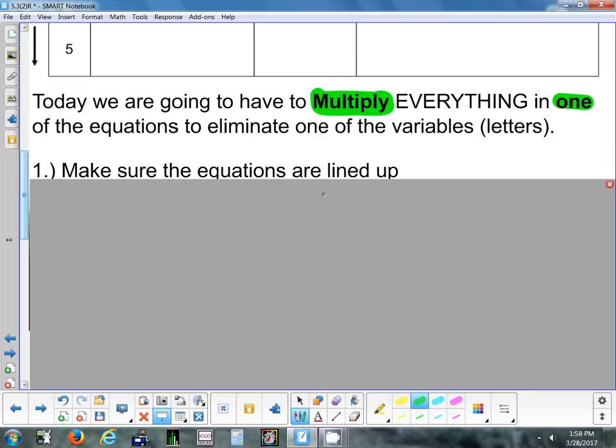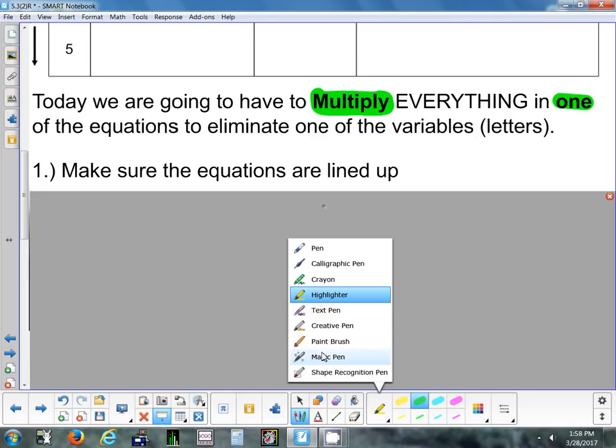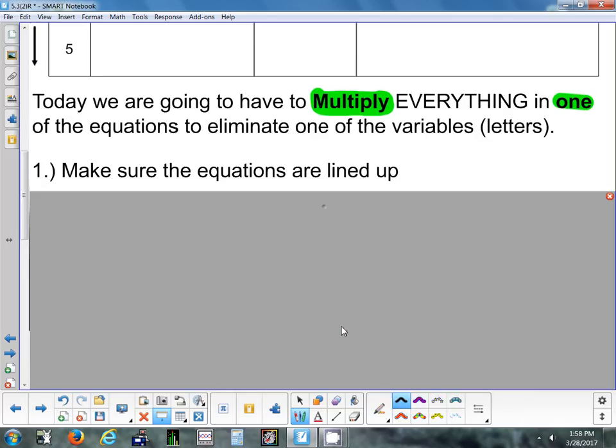We go down. So, first step. Same rules as yesterday. All right? When we're solving, even if we have to multiply in one equation, the steps are going to be pretty much the same. First step's going to be the same. We got to make sure the equations are lined up. How do they line up again? What's the format?